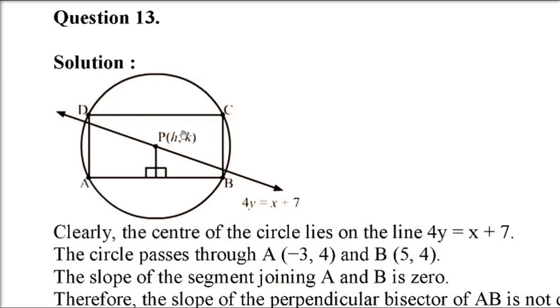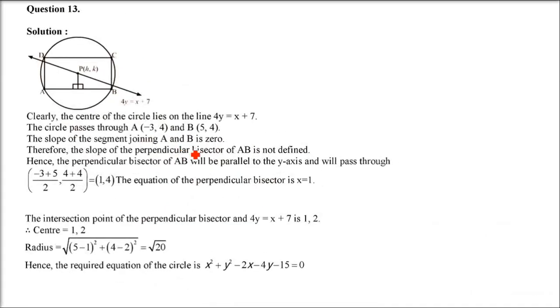And the center, which is HK, is lying on this diameter. So the main thing we have to do here is, see, this is a circle, this is a diameter, this is the center which is HK we are talking about.